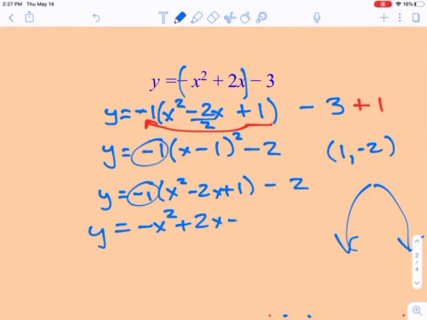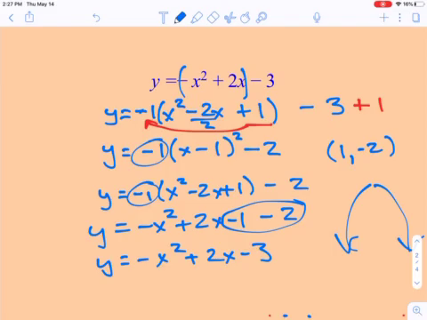Oh, wait, I didn't do that right, did I? Nope, I made a mistake. So this would be minus 1. All right, we're in good shape so far. Then we can combine these numbers, so we have y is equal to negative x squared plus 2x minus 3, which is exactly where we started.